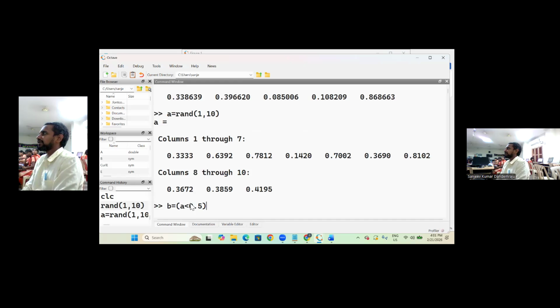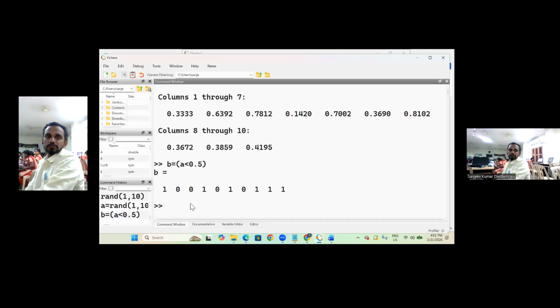If A is less than 0.5, count it as 1. Check the output.